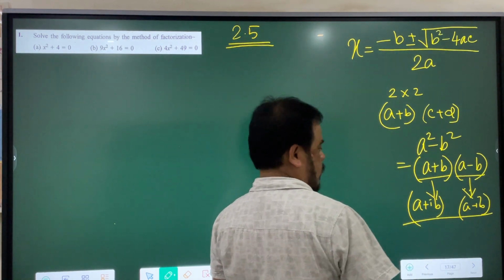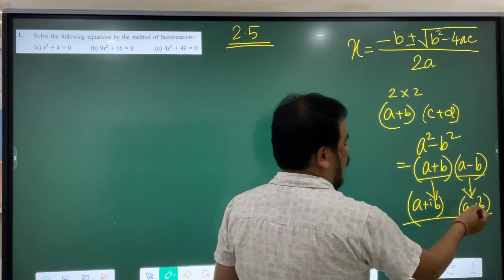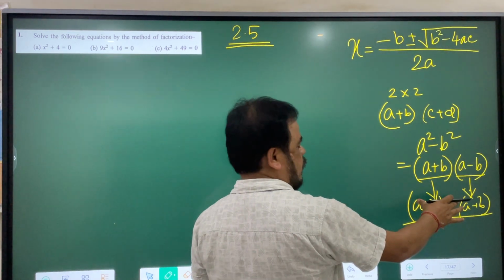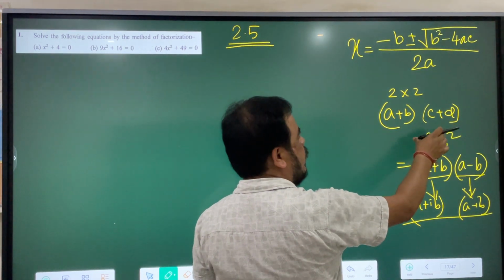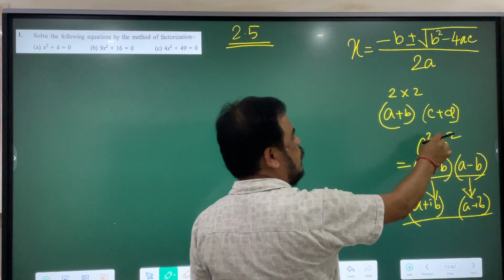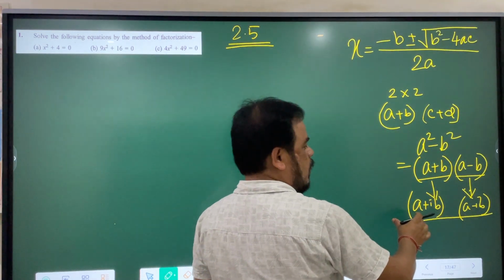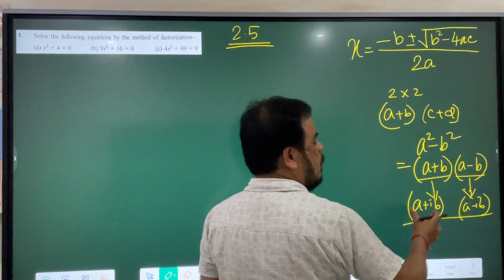This one we already got. So multiplication of two terms in which i is present is called factorization. Whenever we get a term in a square minus b square form, then only we can write (a plus b) into (a minus b), and then only we can write (a plus ib) into (a minus ib).